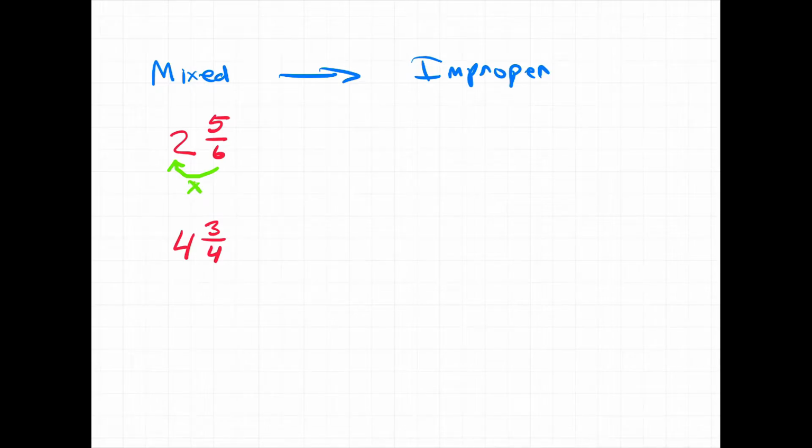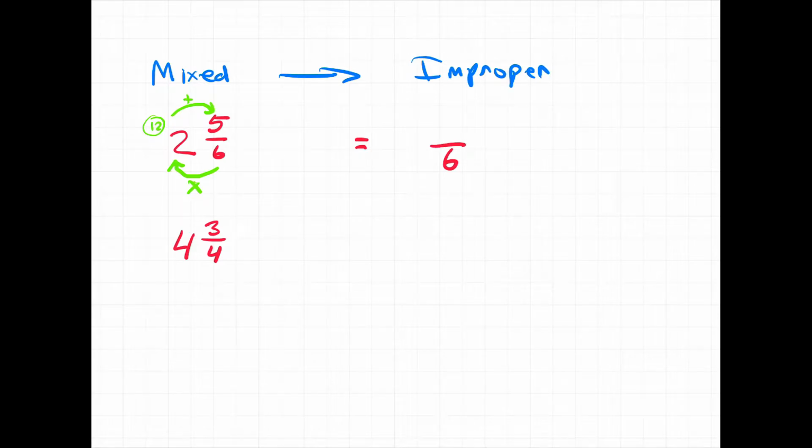So in this case, 6 times 2 is 12. Okay, now what are we going to do with that 12? Well, we are going to add it to the numerator. So 12 plus 5 is 17. So just like when we're converting from improper to mixed, the denominator needs to stay the same.